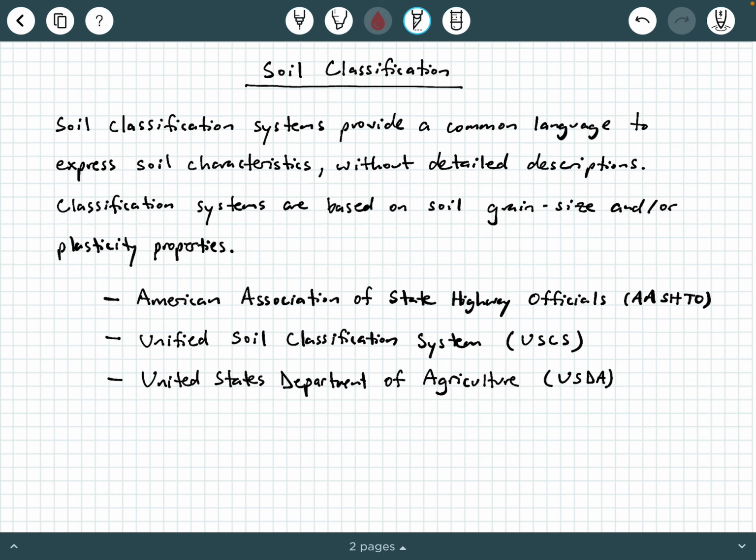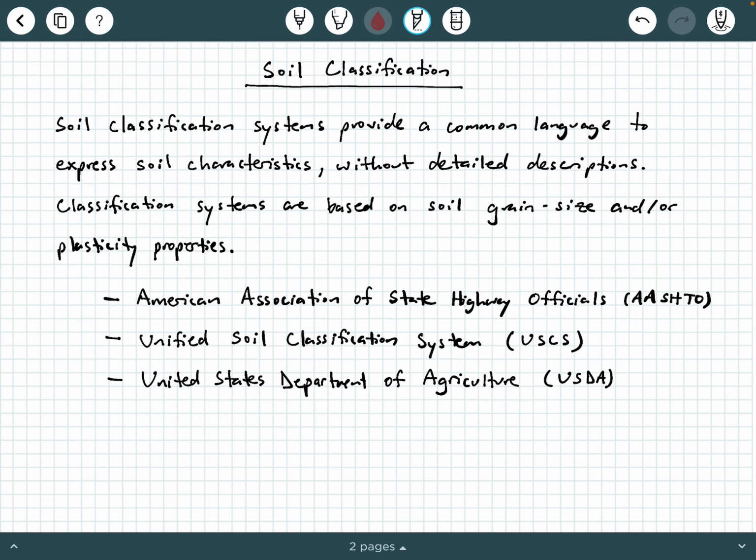Soil classification systems provide a common language to express soil characteristics without detailed descriptions. Classification systems are based on soil grain size and/or plasticity properties, okay?